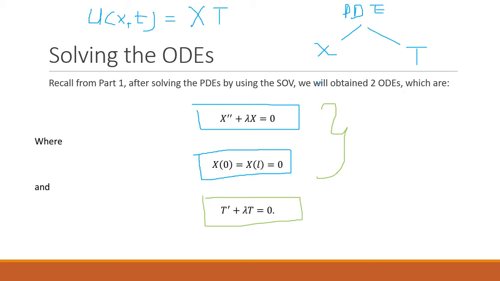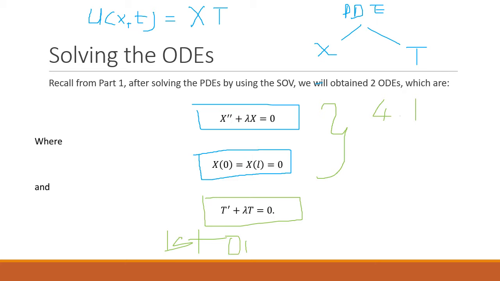Okay, so for this one we already solved. Kalau ingat lagi, yang ini kita dah selesaikan. Yang ni kalau kita lihat similar to apa yang kita dah buat dalam section 4.1, dan kita dah dapatkan solution untuk ni.